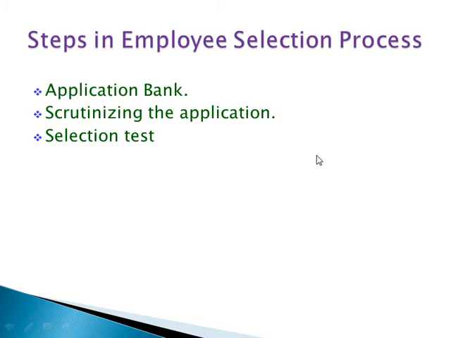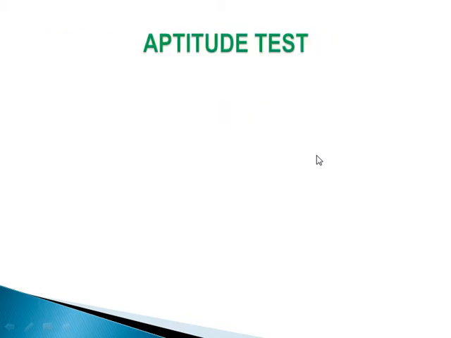Another topic is the selection test. It is classified into two steps. The first one is the ability test. The ability test considers attitude, achievement, intelligence and judgment.